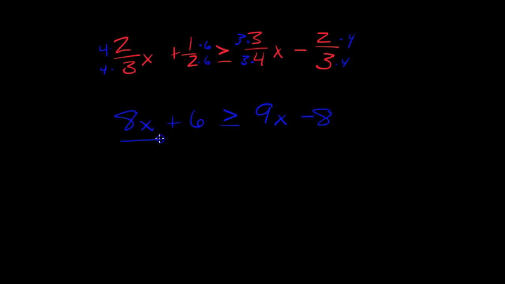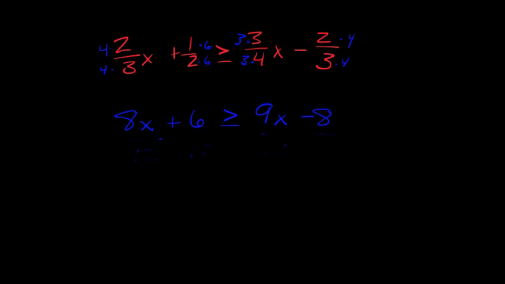So if I did this over 12, over 12, over 12, now I can just get rid of the 12s. I can solve this without dealing with any fractions, and it would be solved exactly the same way.